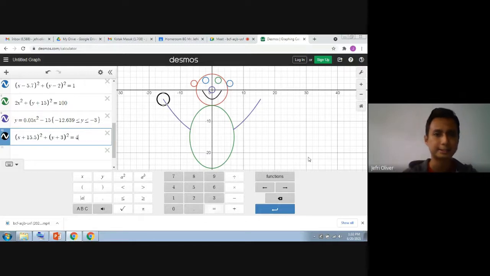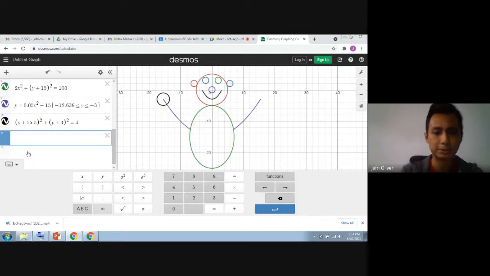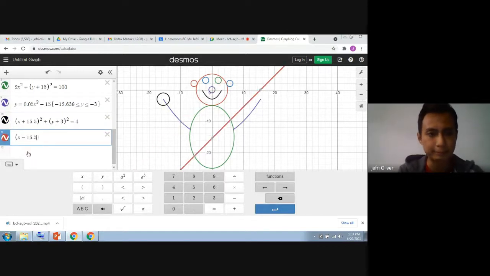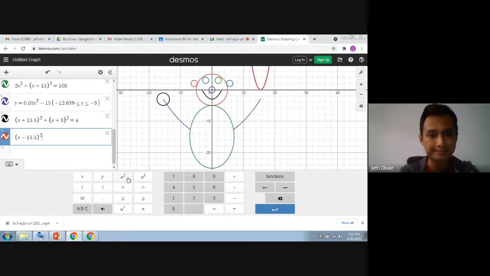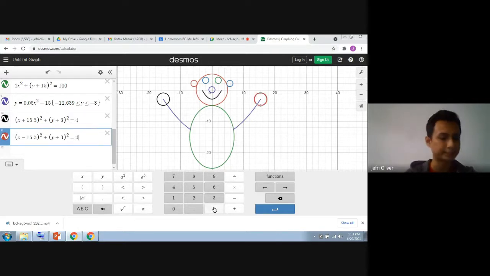Okay, here it is. Then the other part will be symmetrical, so it will be (x minus 15.5) squared plus (y plus 3) squared is equal to 4. All right.